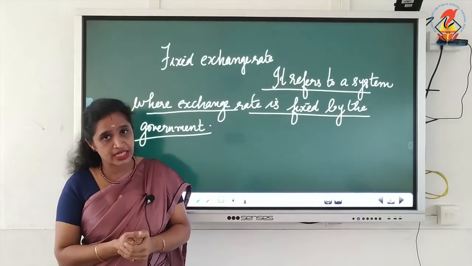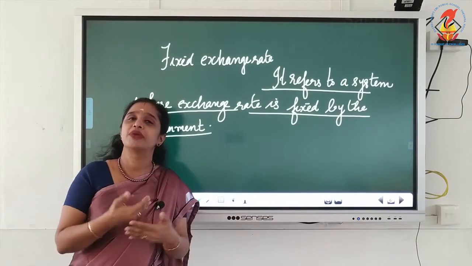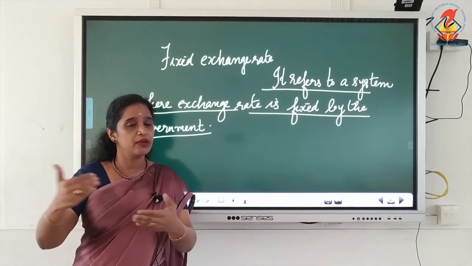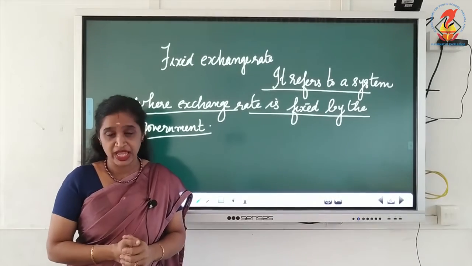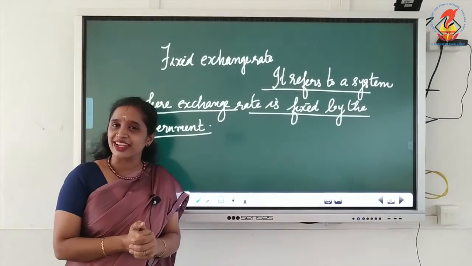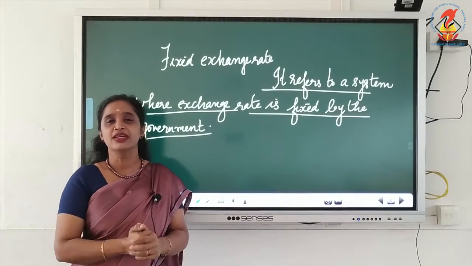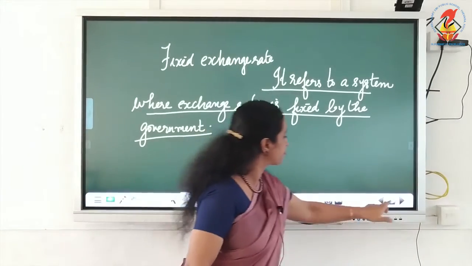It is not prevalent now. The system prevailing now is the flexible exchange rate system. So when we learn about the flexible exchange rate system, the concept will be clear to you. As per the fixed exchange rate system, the exchange rate is fixed by the government. Government is the sole authority where the exchange rate is fixed.